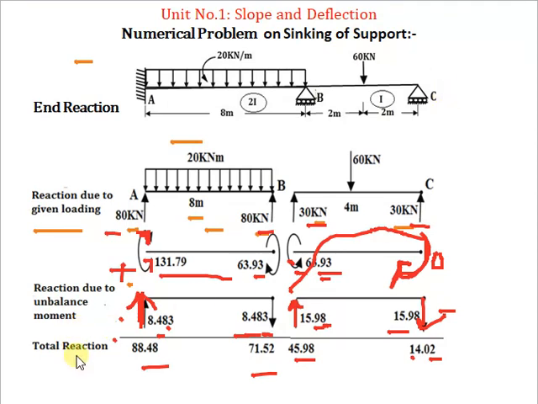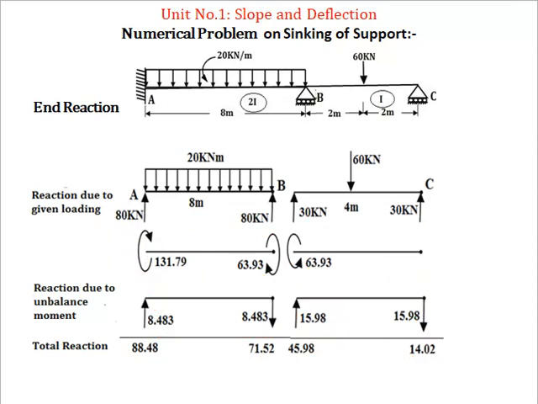So these are the total or final reactions. So the net reaction at B will be the addition of these two, and it comes out to be 117.5. This one is the total net reaction at B, or total reaction at B coming from either side span.